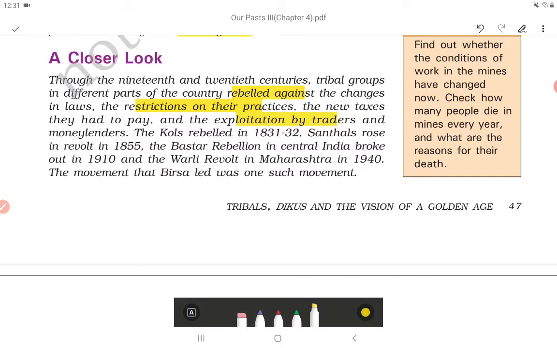The Kols rebelled in 1831-32, Santals rose in revolt in 1855, the Bastar rebellion in central India broke out in 1910, and the Warli revolt in Maharashtra in 1940. The movement that Birsa led was one such movement.